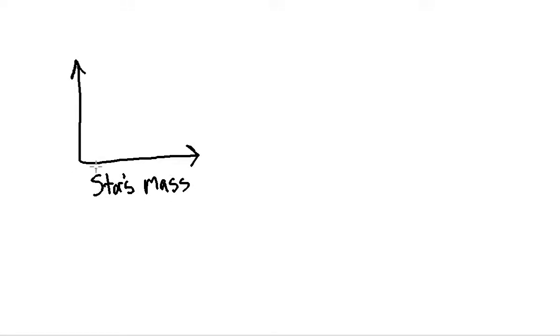So let's pretend like we had three star masses. We had a low star mass, a medium star mass, and a high star mass. And what we were measuring, what we saw a change in, is the orbital period of a planet. Now I could change planet to moon, and I could change star to planet.